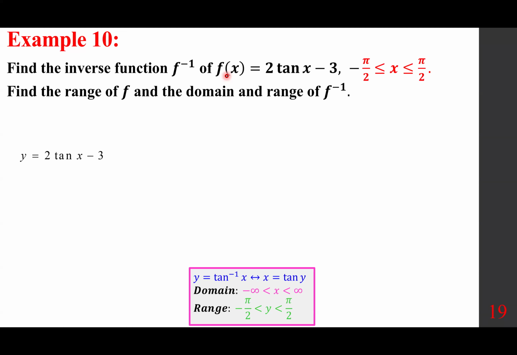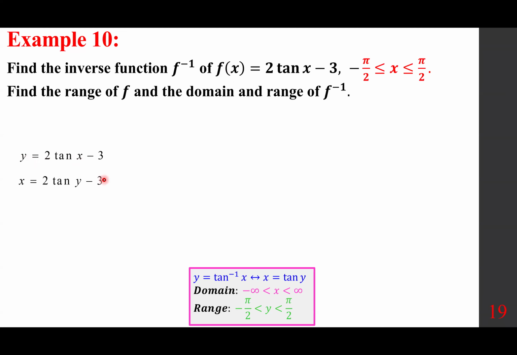And again, remember, when we want to find the inverse, the reason we do it that way is because it makes it easier to deal with. Interchange x and y. This becomes x, this becomes y, and right here we have the inverse.